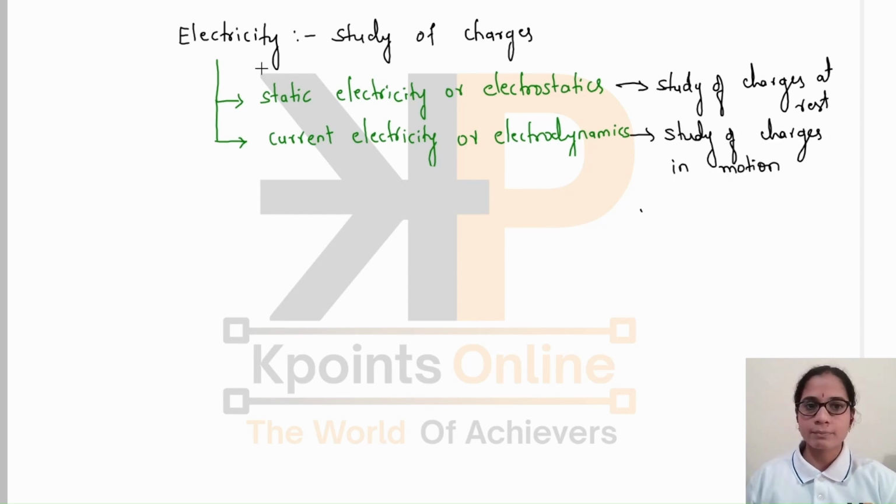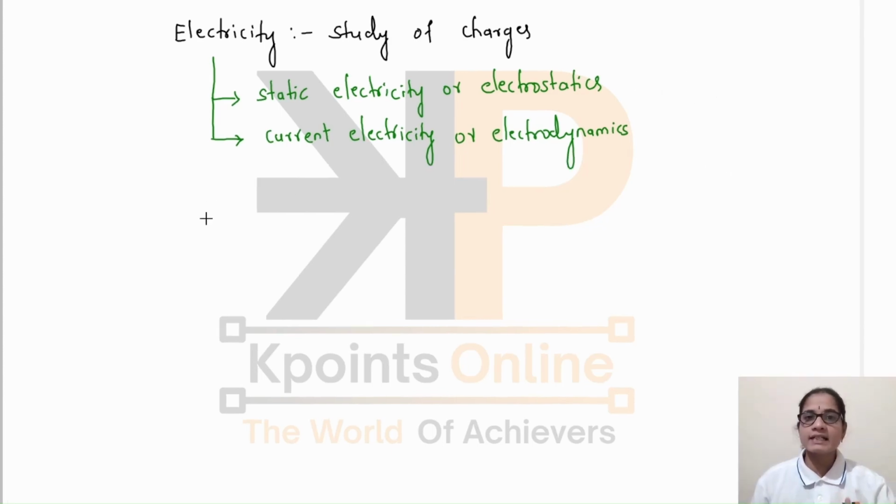In this particular chapter, we are going to study current electricity, where we study charges in motion. So basically, electricity means the study of charges. How did this idea of the existence of charges come about? It was first done by the American scientist Benjamin Franklin.